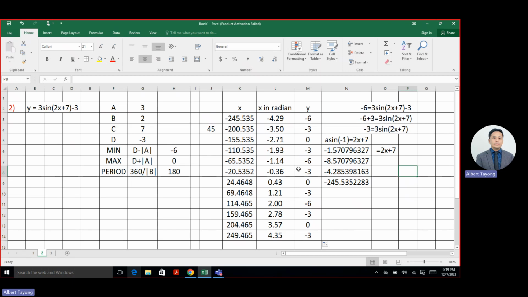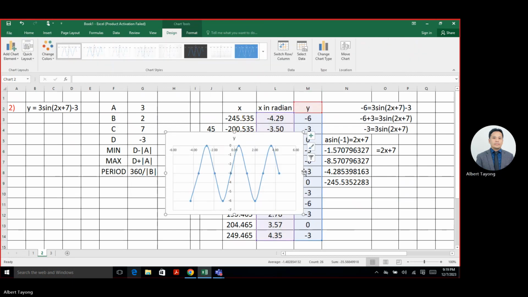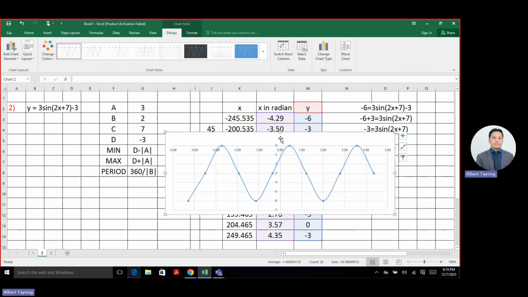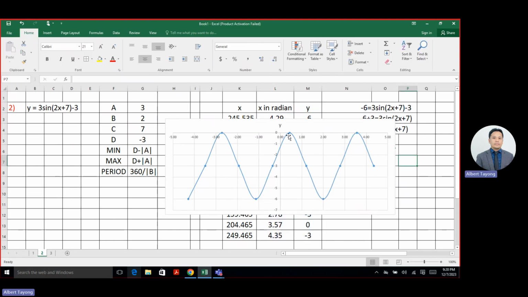So this is what you're going to do if we have A, B, C, and D completely, and C, of course, not 0. So we have to highlight this, insert, second one. So as you can see, our x-intercepts are along the x-axis.